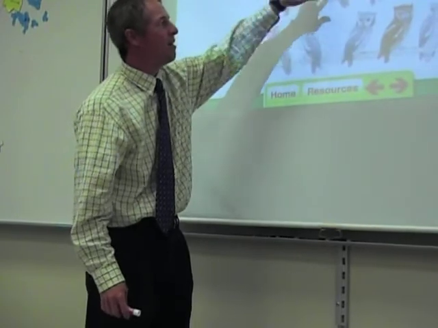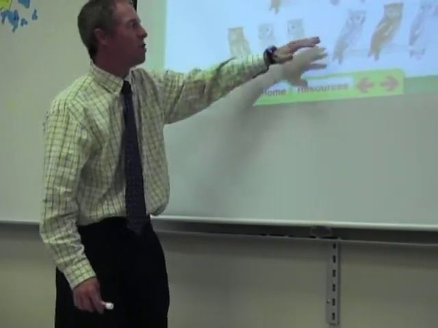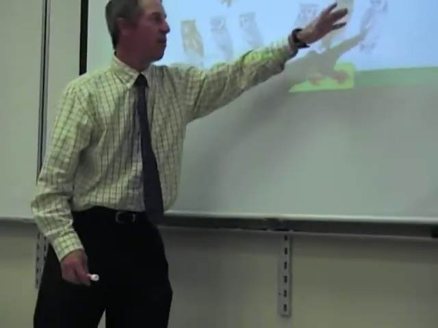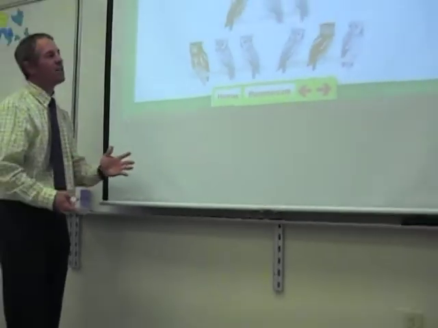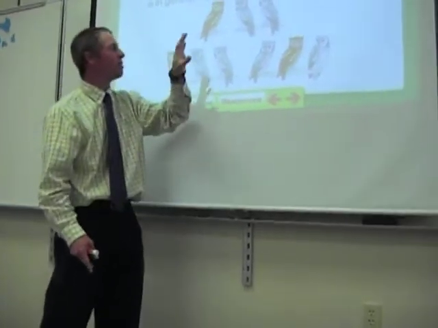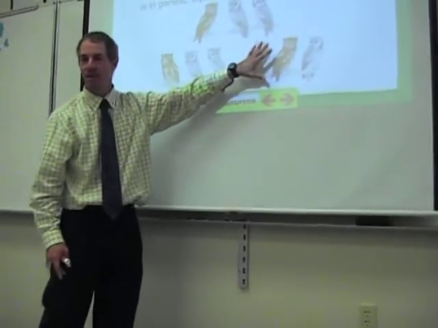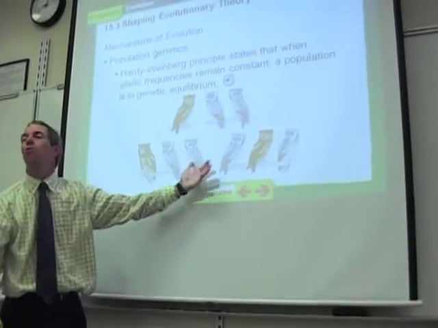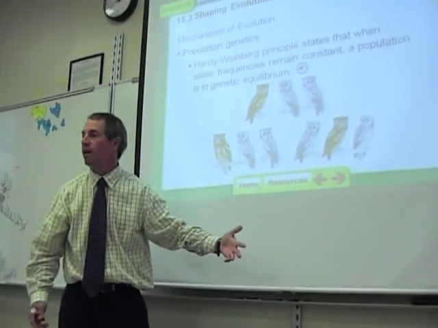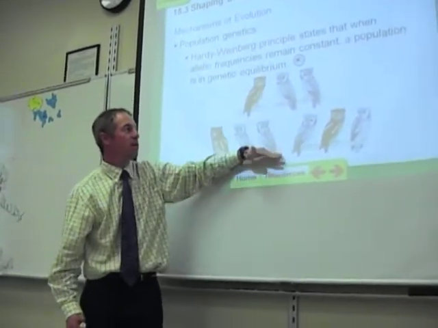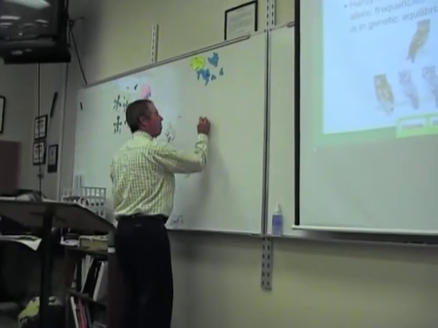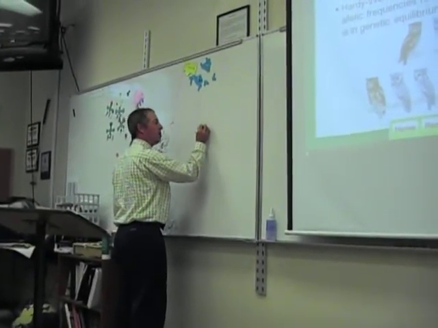Over time, the numbers of a population can change. Here, the next generation, the population has doubled. But you can see there's the same amount of red owls and gray owls. The population is 1/3 red and 2/3 gray. So that hasn't changed here. So we say that this population is in Hardy-Weinberg equilibrium.